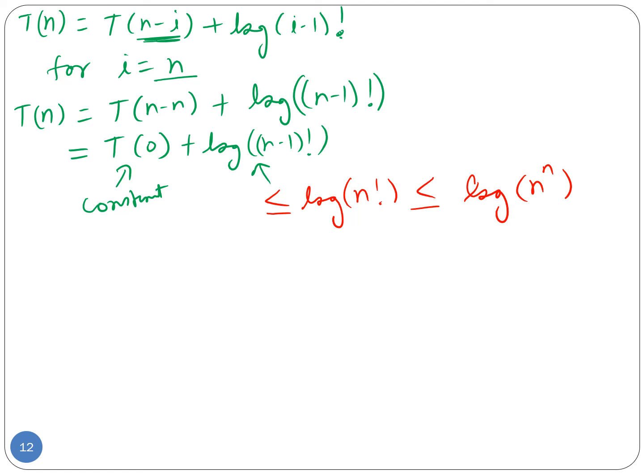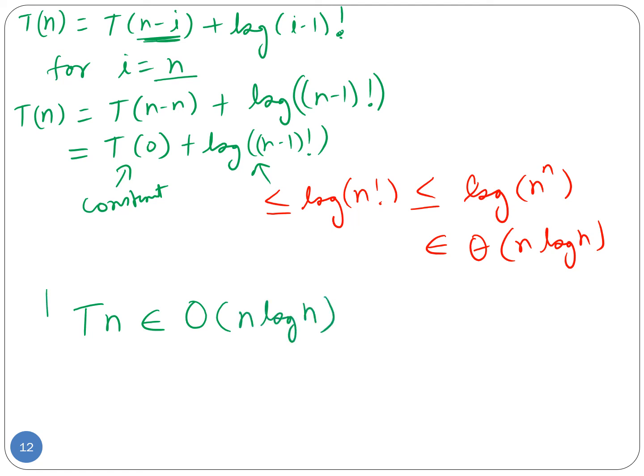And basically from here you can see that log of n to the power n is theta of n log n. So basically our recurrence T of n also belongs to big O of n log n. This is our result.